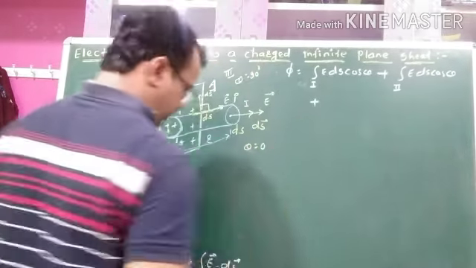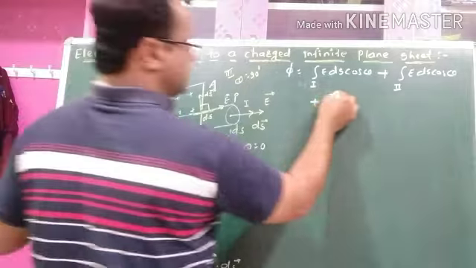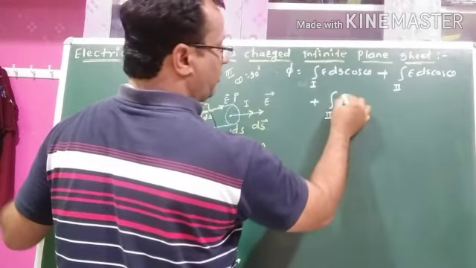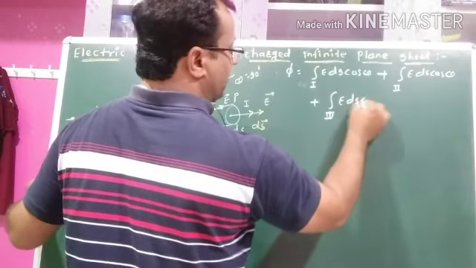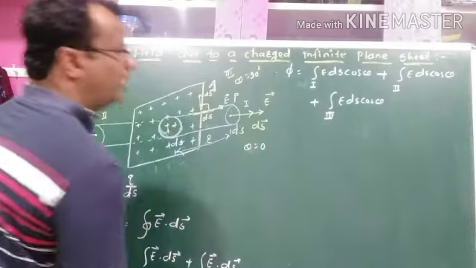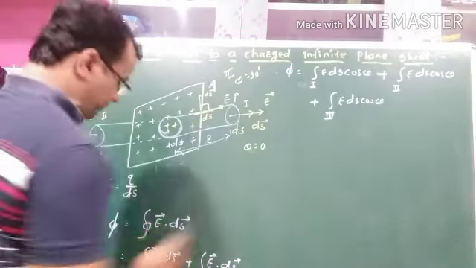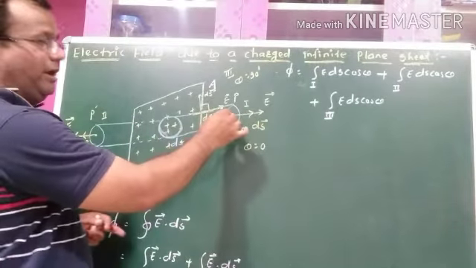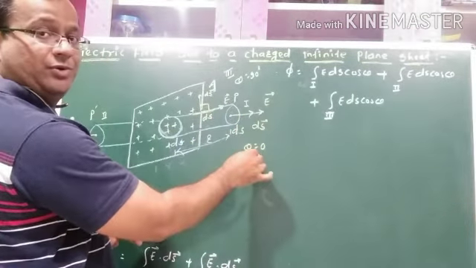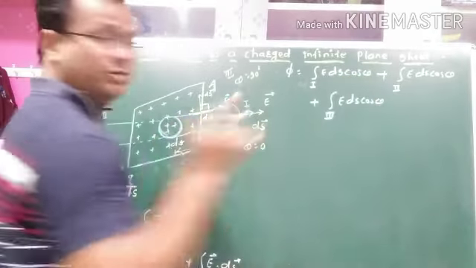And now for the third term, the integration for the third area, that is the curved area, E ds cos theta. See here what happens for the first area. Here the angle between vector E and ds is 0 and the value of cos 0 is 1.